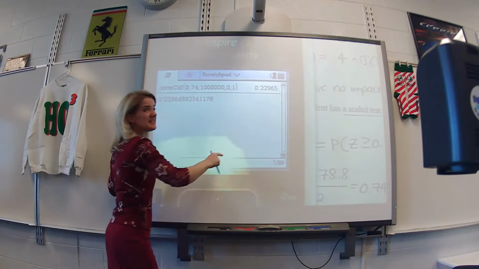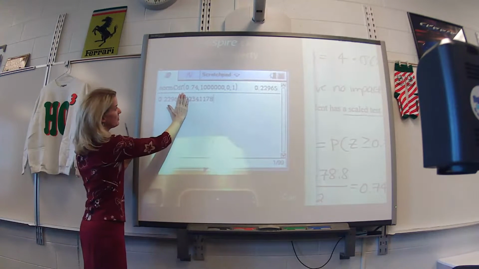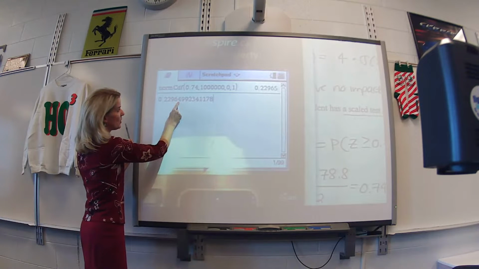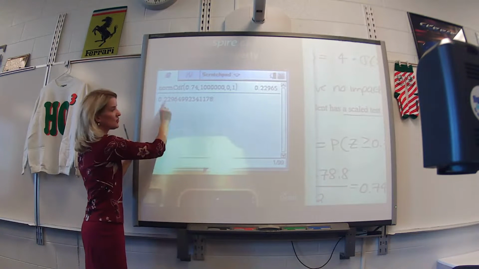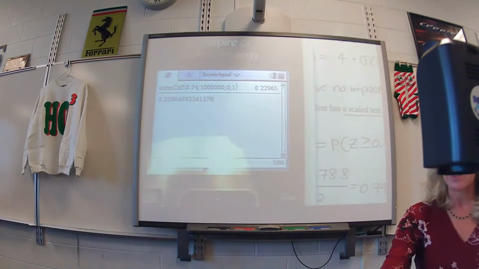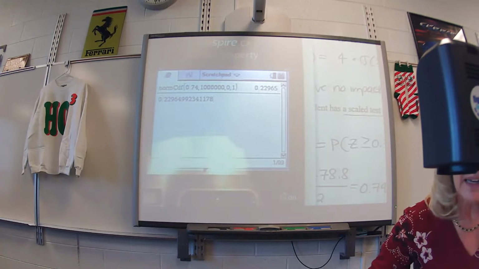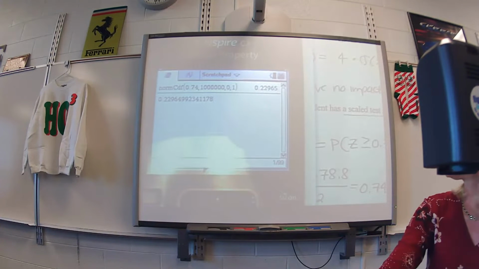But that was only a 5 because it had already gotten rounded. So when I want 4 decimal places, I look at that 5th one, and that 4 was not large enough to round the 6. So 0.2296 should be the best answer. Now, on the AP exam, would they accept 0.2297 if you actually wrote that? Most likely.